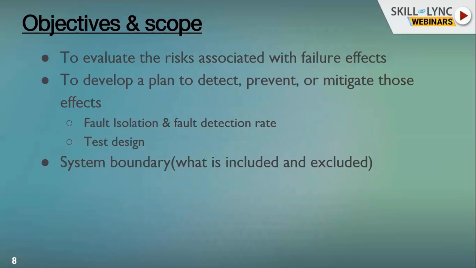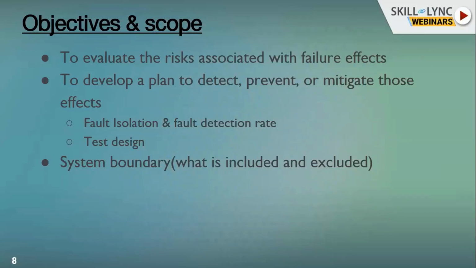But please be aware, you should look at the second one. That main objective is not explicitly mentioned in the project, but as an FMEA analysis person, your main objective is to develop a plan for how you detect, prevent, and mitigate those effects, because you must keep your end customer in mind, not only the immediate customer.